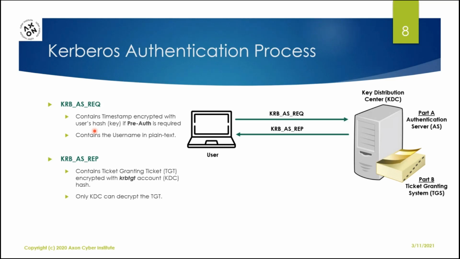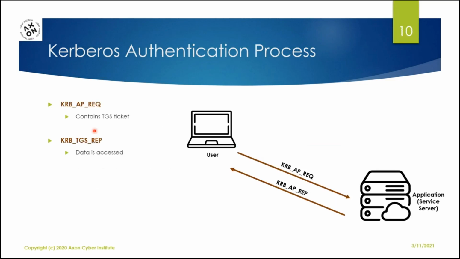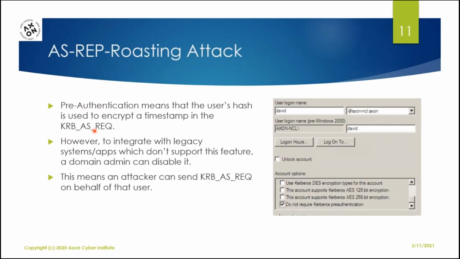However, pre-authentication is not always required. You can disable it for any account you want. As you can see here in this snapshot, you can say, do not require Kerberos pre-authentication. And if you say do not require, that means the first packet does not have an encrypted timestamp.